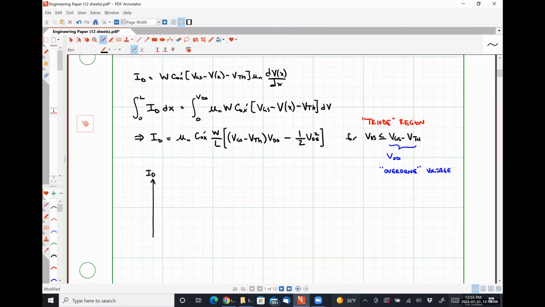Let's plot our drain current on the y-axis and our drain source voltage on the x-axis. I'll do these in different colors.